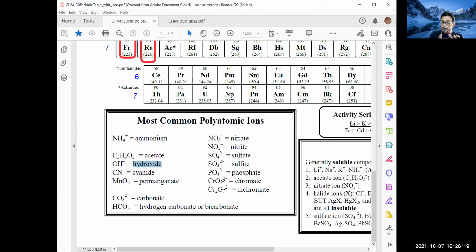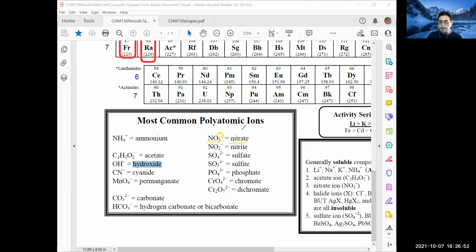For example, NO3 has its own very specific name. That's called the nitrate. It's a nitrogen with 3 oxygens bonded around it, with an overall charge of -1.